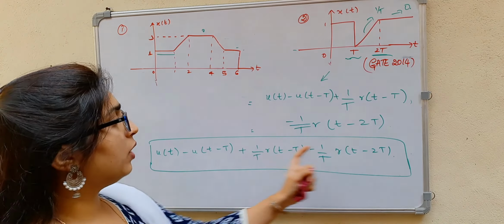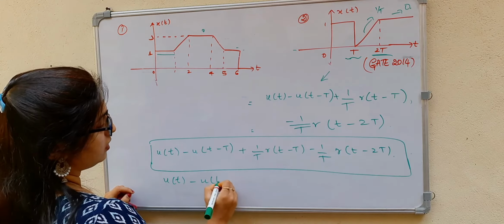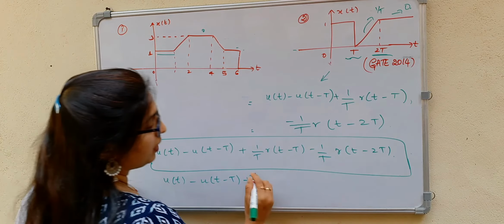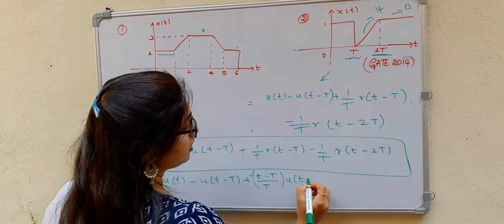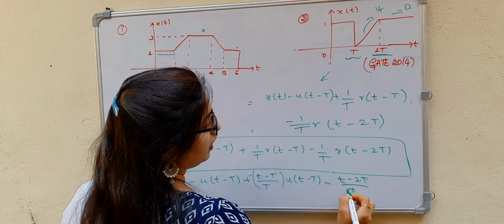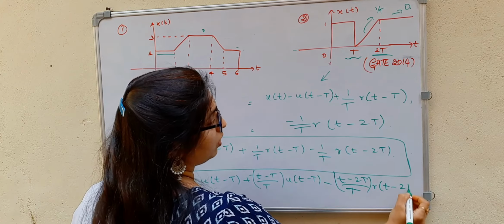If you are going to write everything in step functions, then you can write like this: t minus t divided by t, u of t minus t, t minus 2t divided by t, then r of t minus 2t.